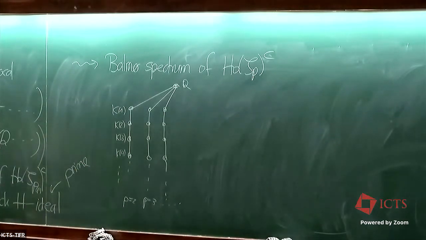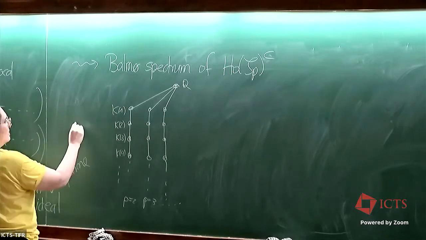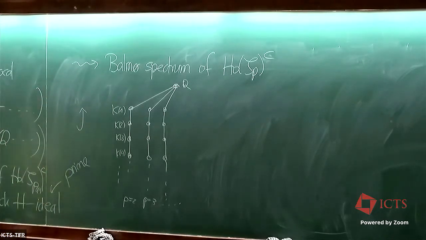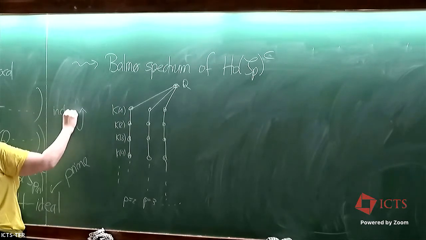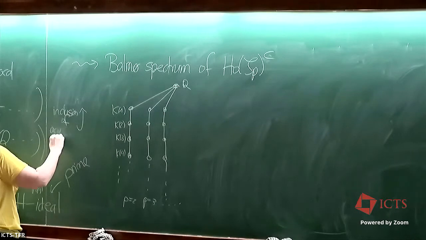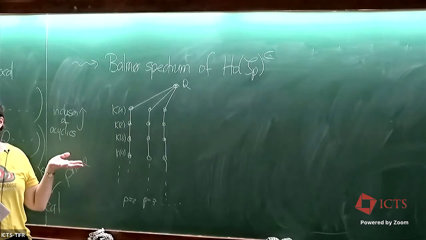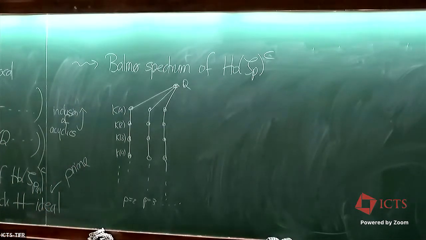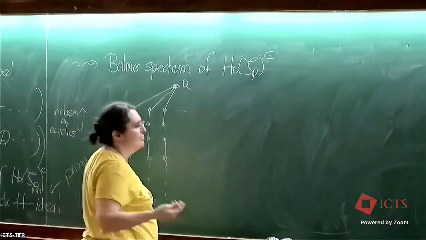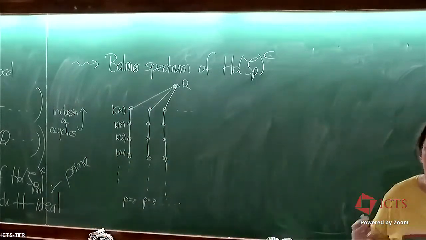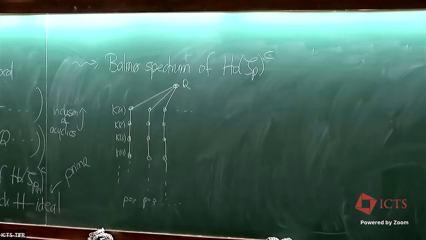And I draw an arrow, well, a vertex from one to the other, if one is included in the other. So now, this is kind of the current way to talk about the stable homotopy category and really embed it into this general context of local duality and so on.